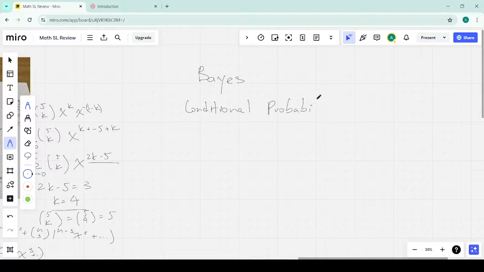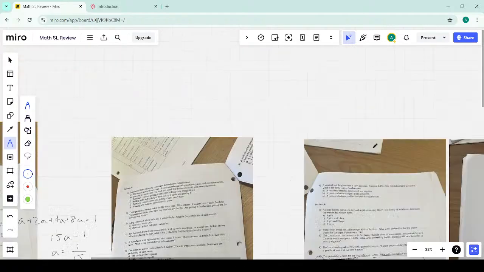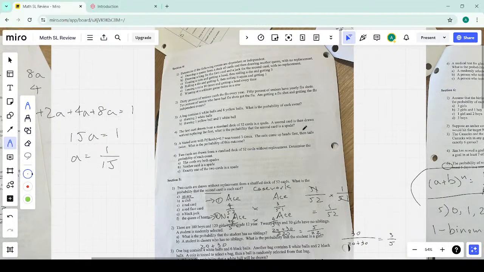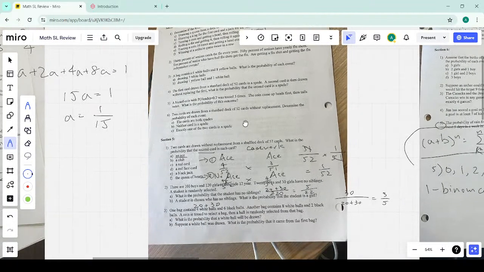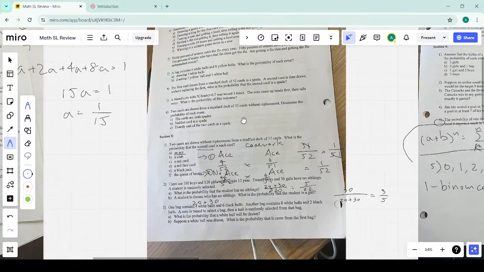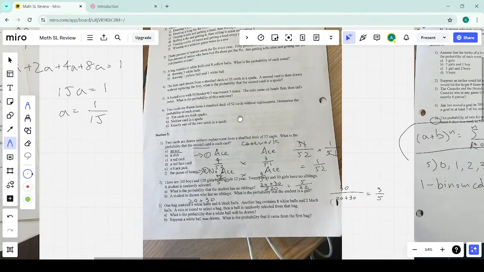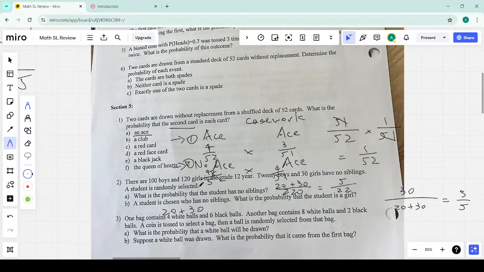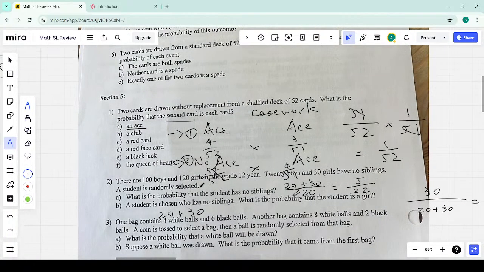So it's probability once we're given a condition. If we go back to the problem that we had here, there are 100 boys and 120 girls in the grade 12 year. 20 boys and 30 girls have no siblings.